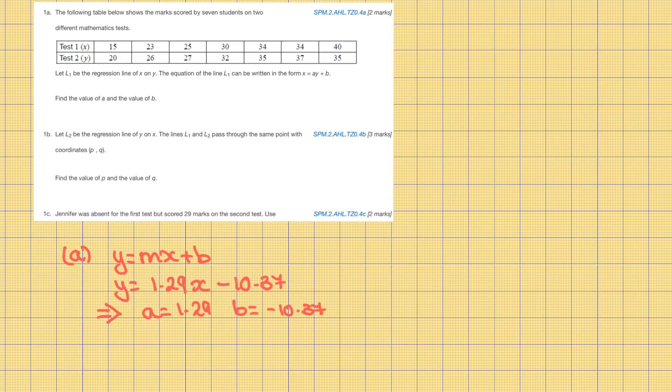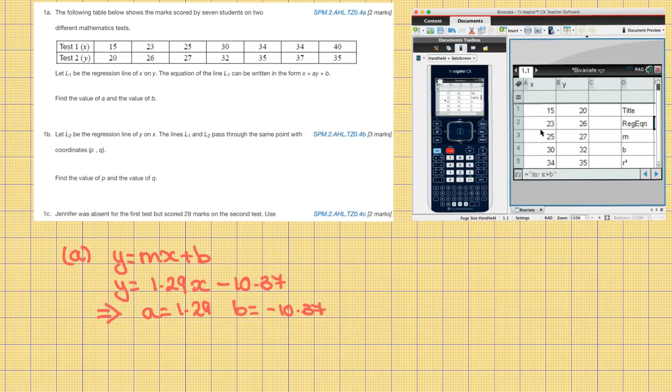The lines L1 and L2 pass through the same point with coordinates PQ. Find the values of P and the value of Q. Again, you can use your GDC to answer part B. Data is already in there.